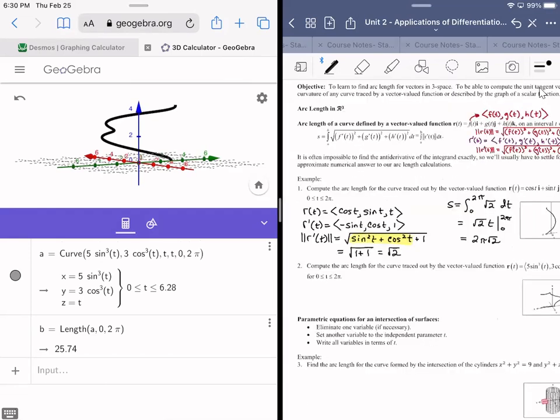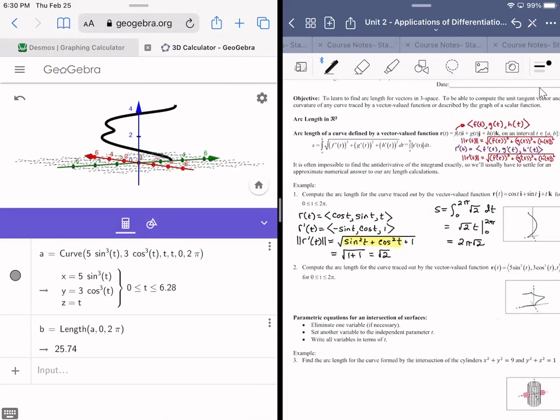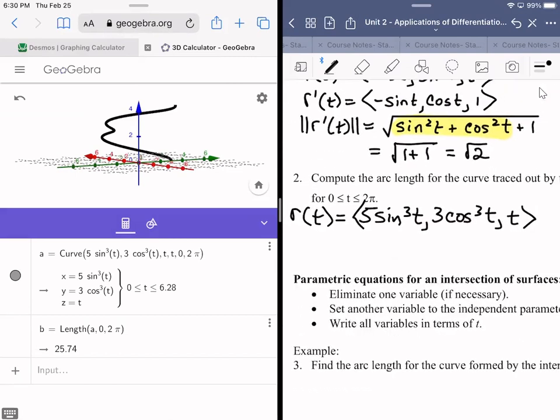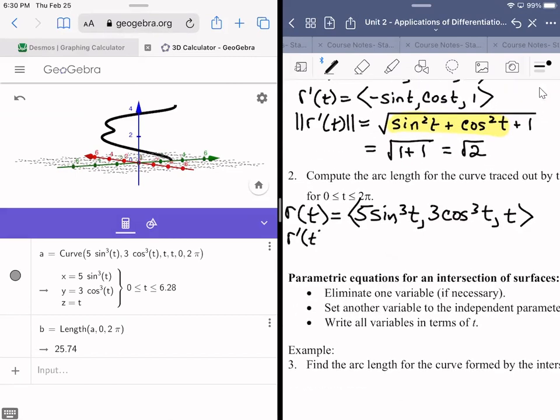Right? So let me rewrite r(t): 5 sine cubed t, 3 cosine cubed t. I'm writing it in component form. I'm going to bring it in. r prime of t. The little chain rule going on here.